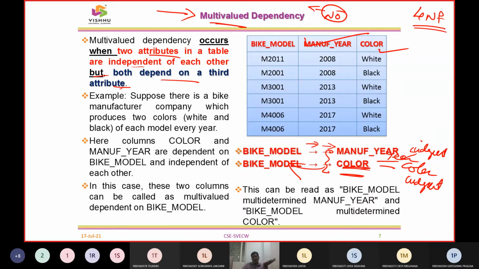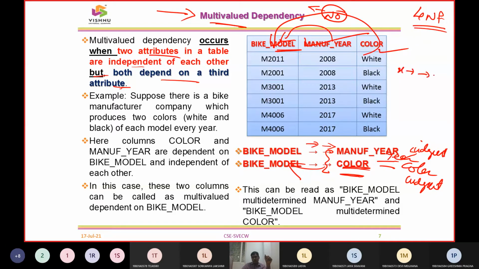Year has nothing to do with the color. Similarly, color has nothing to do with the year. So year is not dependent on color, color is not dependent on year, but these two attributes are going to be used to derive a model.